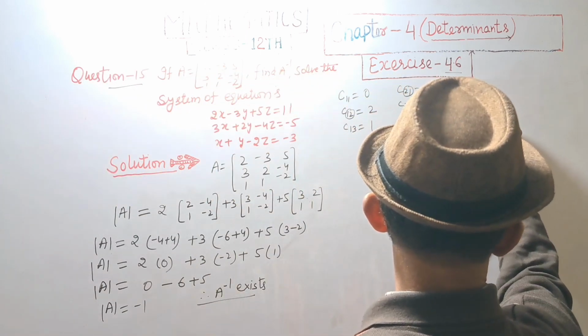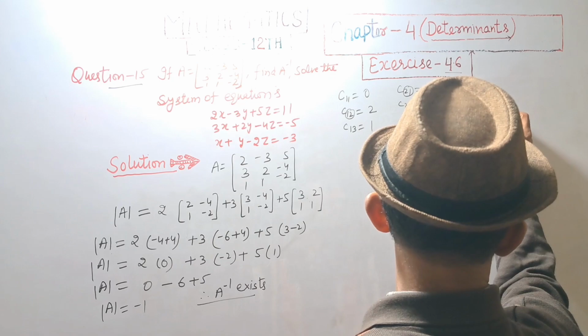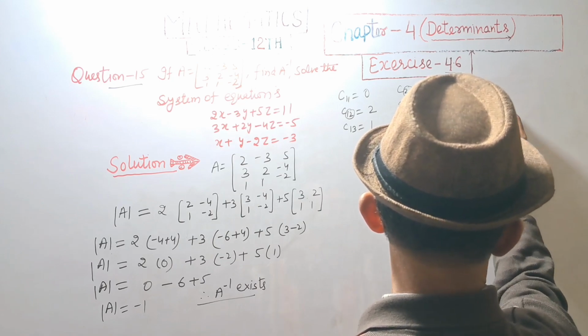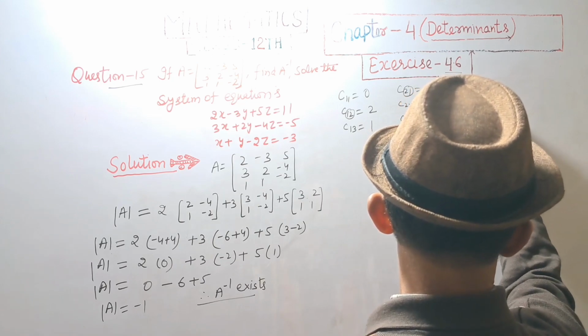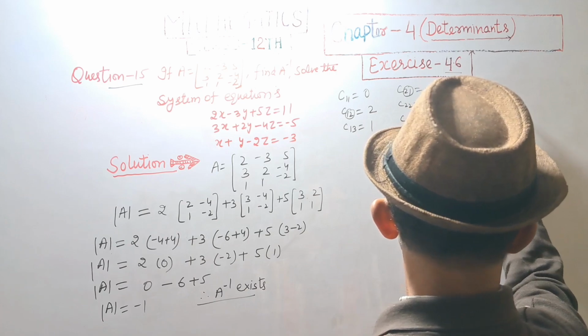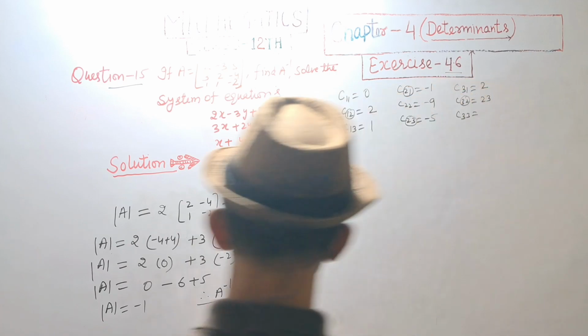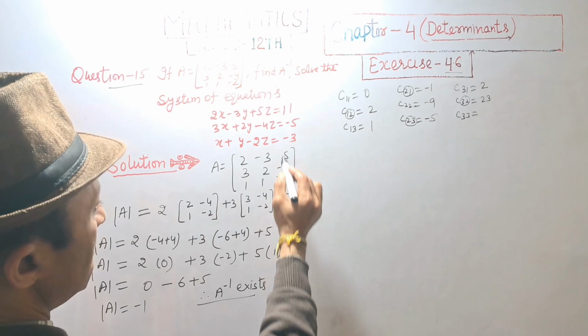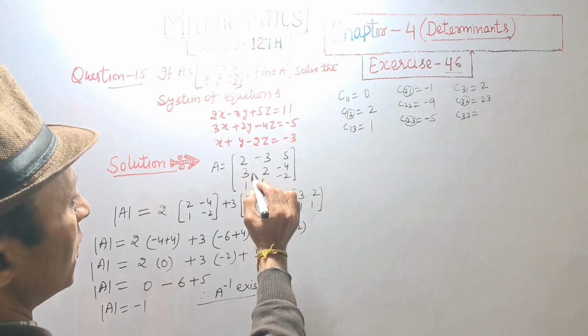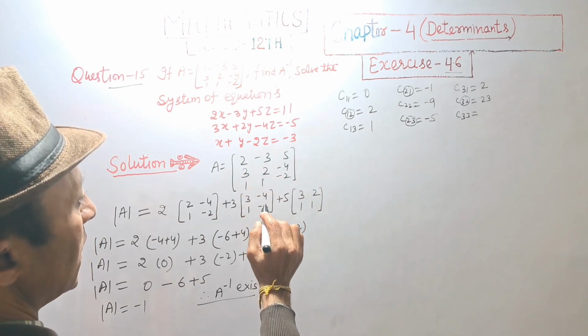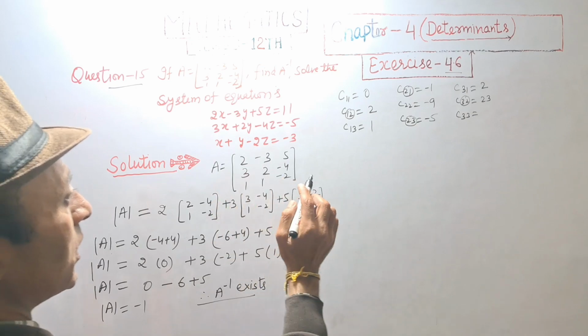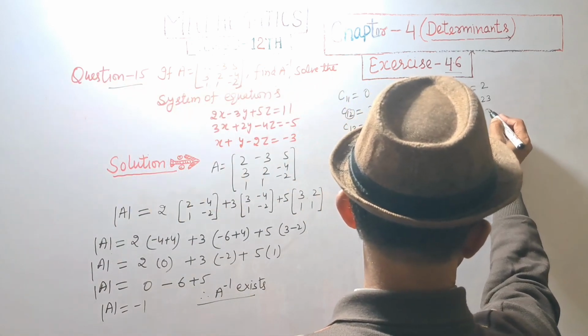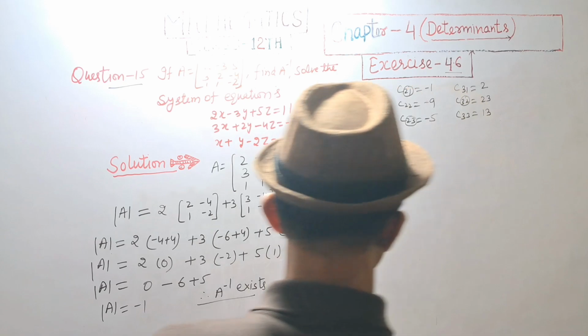Since 3 plus 2 is 5, minus 23 multiplied by negative will be positive 23. And C33: 2 twos are 4 plus 3 threes are 9, 9 plus 4 is 13. C33 is equal to 13.